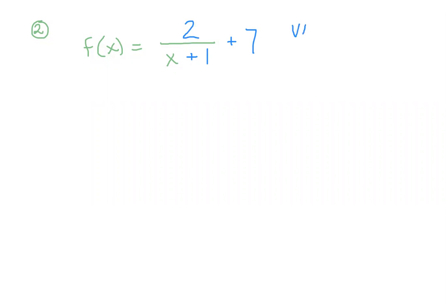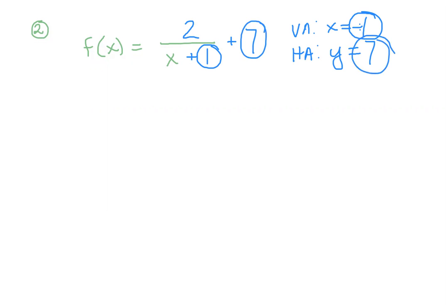And the vertical asymptote is x equals -1, and the horizontal asymptote is y equals 7. Okay, remember that this goes with this, but the signs are opposite. We have a plus here, we have a negative there, and the signs are opposite. All right, let's look at number 3.